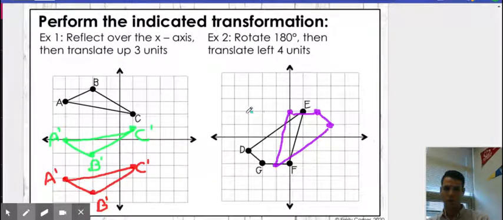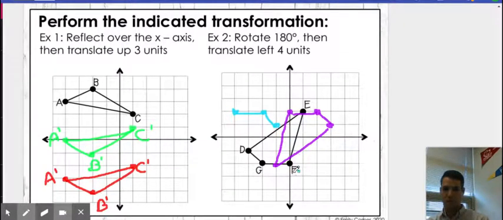1, 2, 3, 4 spaces. This one would be 1, 2, 3, 4 spaces. And we have this one is 1, 2, 3, 4 spaces left.